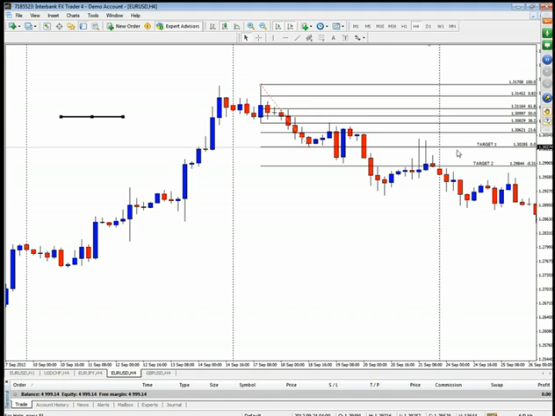When using the Fibonacci tool, you can already see what your target's going to be, so you can already foresee what you're going to be risking and what you're going to be putting on the table.